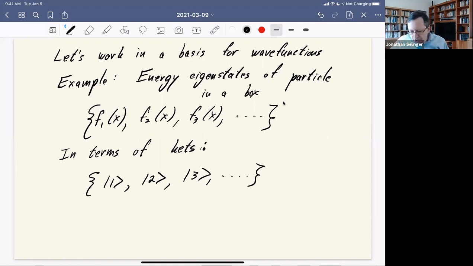So this is a nice compact notation where the ket n is a short way of writing Fn of x. This is a compact notation. This is Dirac notation.